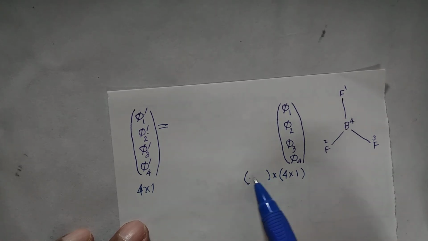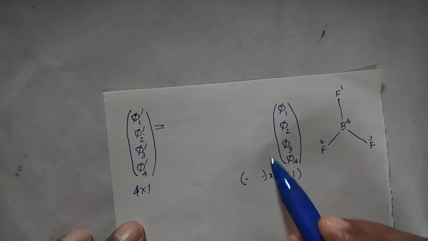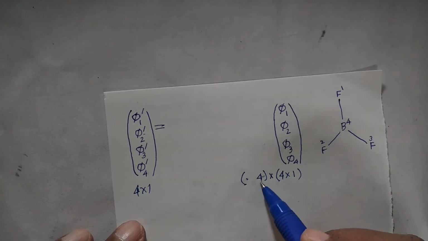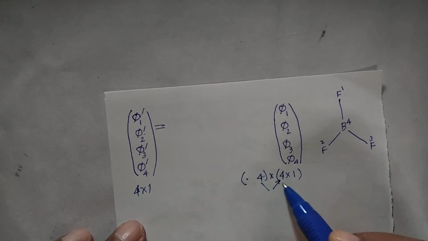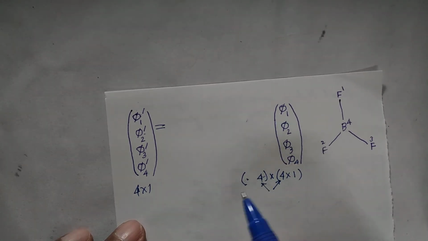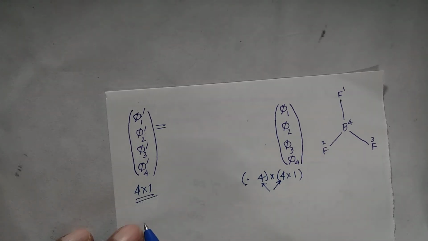What should be the size of that matrix? That matrix should have 4 columns, because the number of columns of the first matrix must equal the number of rows of the second. And finally we want a 4 by 1 matrix.